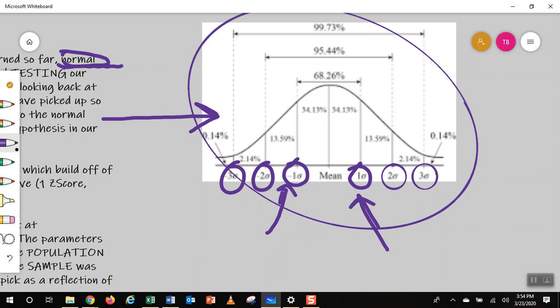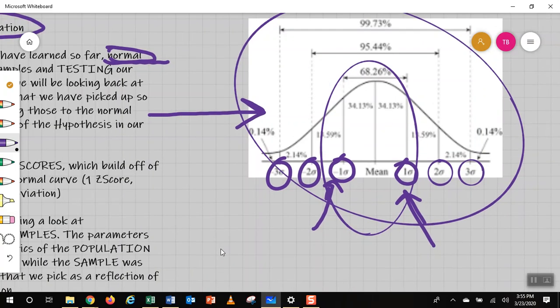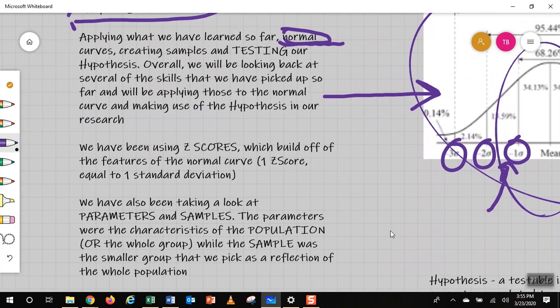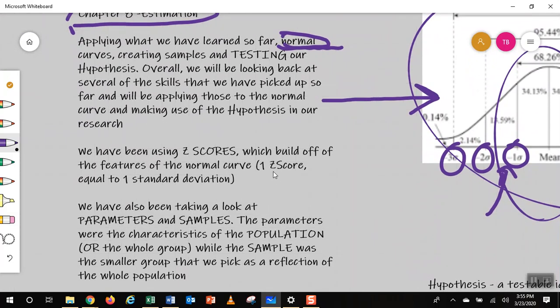And these basically break the normal curve up into predictable parts. If you look ahead, you can see exactly how much these percentages are and what percentage they make up of each section of the normal curve. And based on this, we could then do predictions and apply some estimations on them.